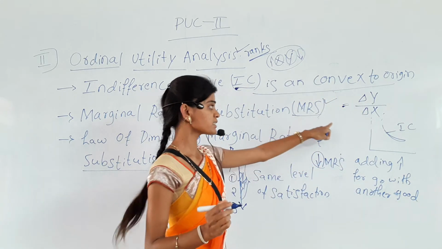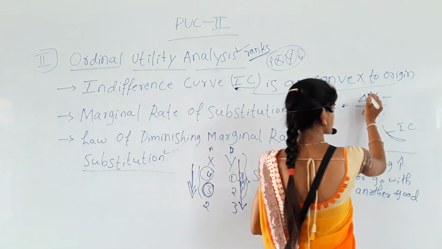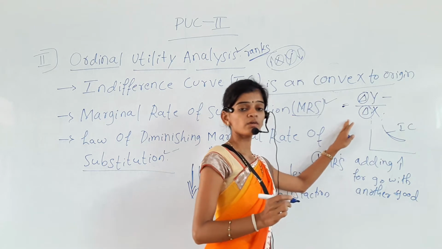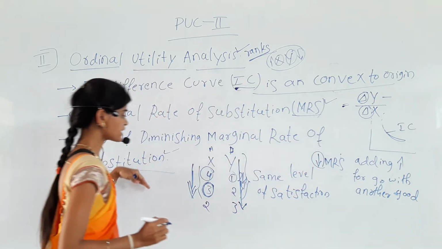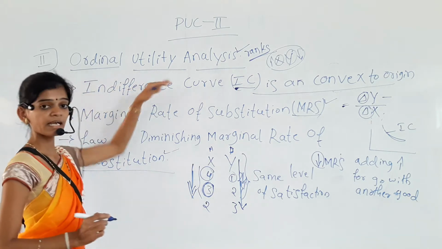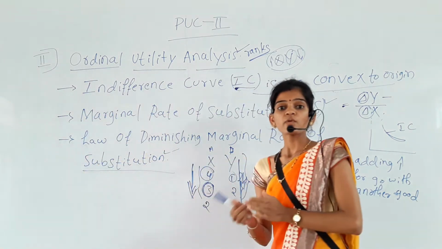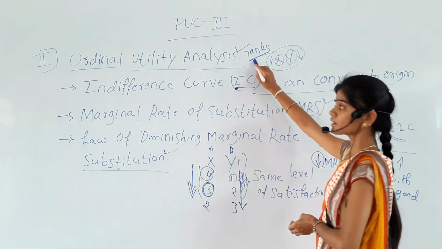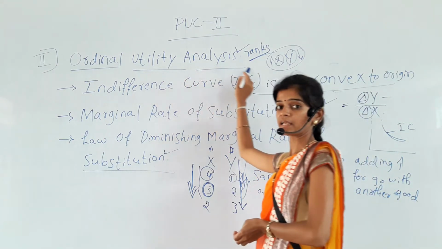This concept is related to ordinal utility analysis. So what is ordinal utility analysis? Whatever a consumer is consuming, he has to express in terms of ranks. That is called ordinal utility analysis.